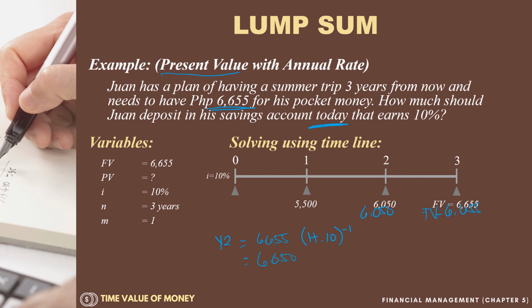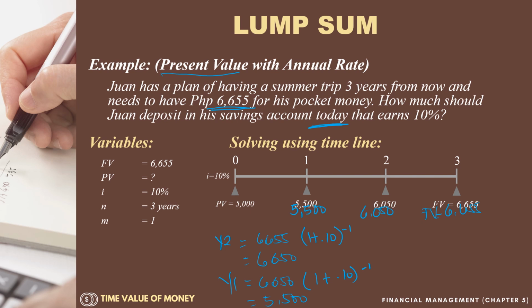Now, let's solve for year 1. For year 1, since we already have 6,050 in year 2, we will again discount it by the 10% discount rate to the power of negative 1. That is 5,500. So in year 1, we have the present value of 5,500.